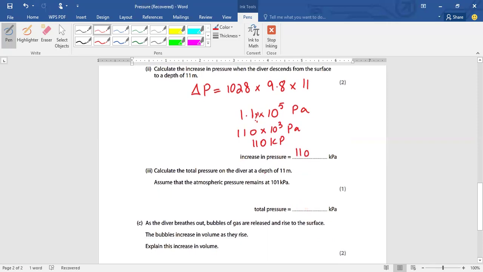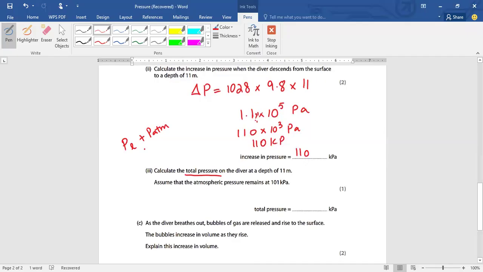Now, what's the next question? They're asking to calculate the total pressure on the diver at a depth of 11 meters. Assume that atmospheric pressure remains at 101 kilopascal. So we have to work out the total pressure. This time the pressure due to the liquid plus the atmospheric pressure has to be added.